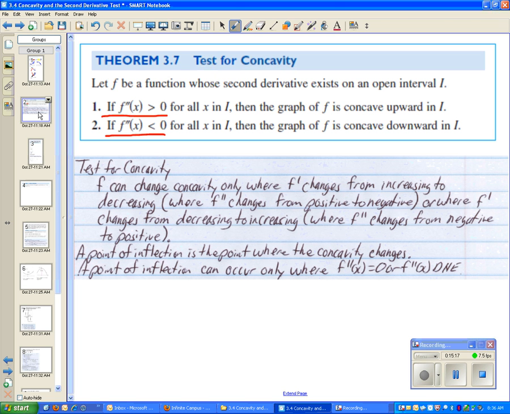You'll get really good at it. But you've got to understand the relationship between increasing, decreasing, derivative being positive or negative, and concavity. You've got to understand the relationship between the graph, the first derivative, and the second derivative to be able to answer the less mathy looking questions. Fewer numbers. But those questions get to whether or not you actually understand what's going on. Okay? And they're tricky. You've got to be careful.